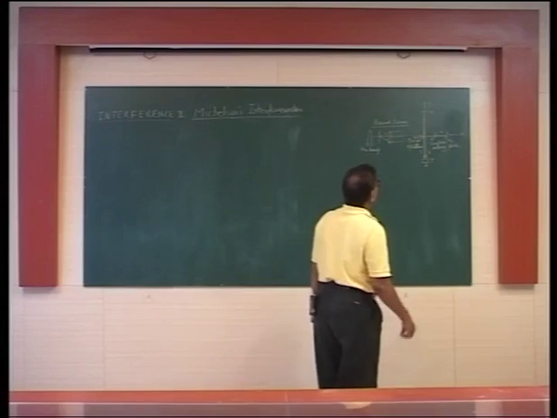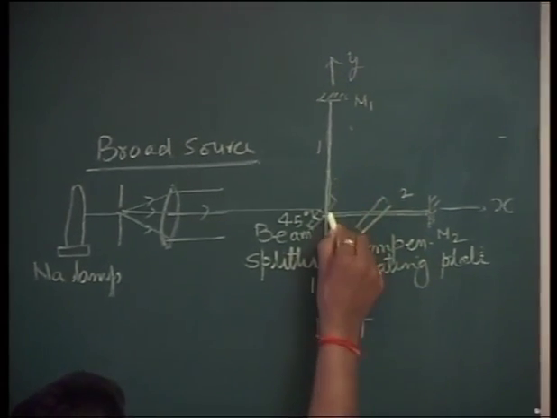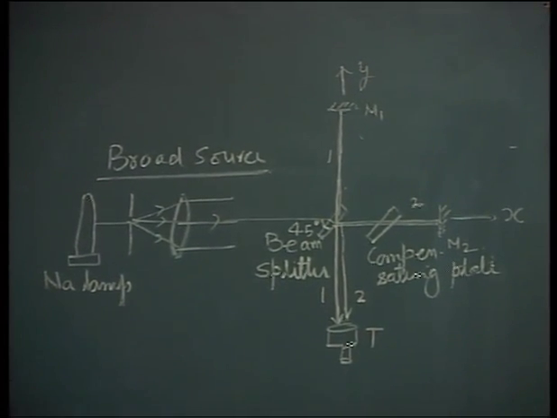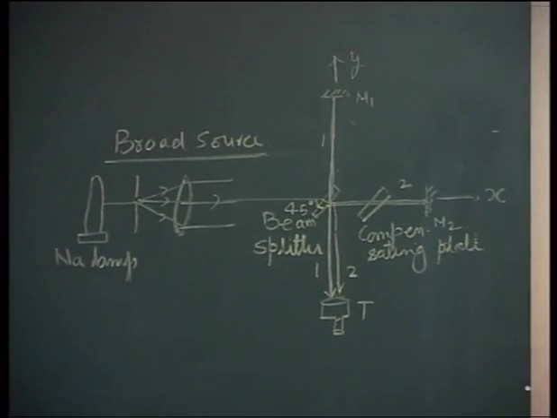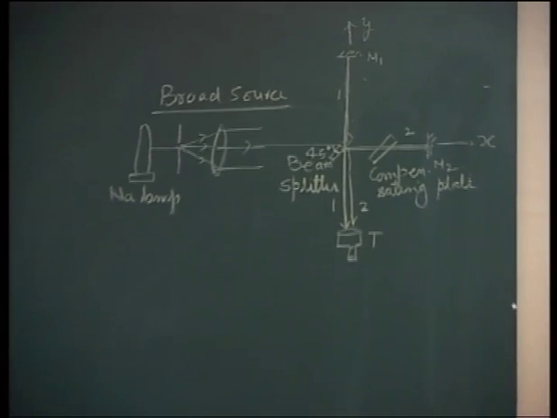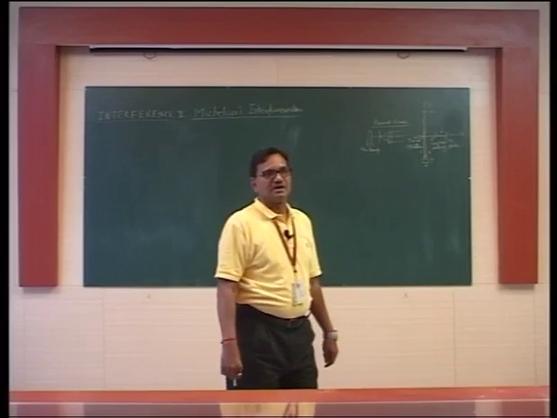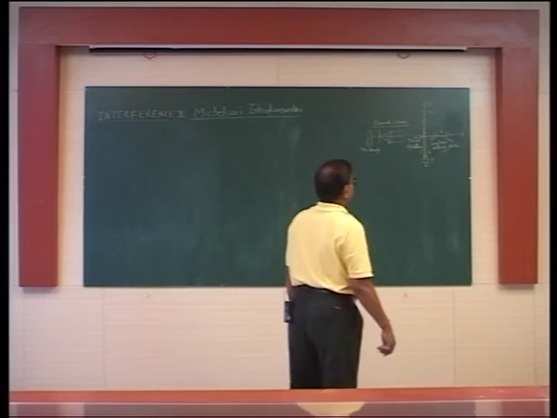They reflect the beams back, and the two beams, after being reflected, meet at the beam splitter, which reflects them to the telescope, and we observe interference fringes. Now, what type of interference fringes shall we observe, and why, can be understood by a simple means.